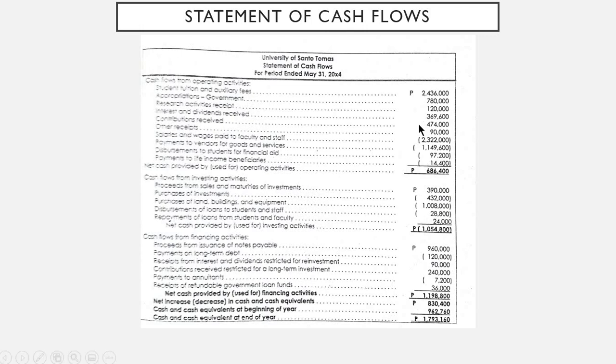The same lang siya actually yung format na ginagamit niya sa for-profit businesses. Okay? Pero, ini-encourage ng standard na yung gamitin in computing the cash flow from operation or net cash provided by operation is dapat naka-direct method siya. Ayan.